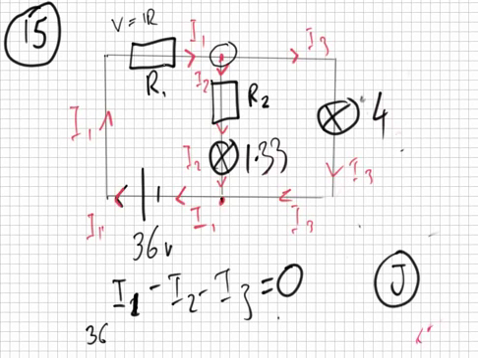So we have minus I1 R1. Then we go through the junction and through here, and it'd be minus I2 R2, and then minus 1.33 I2 equals 0. That's the loop rule.